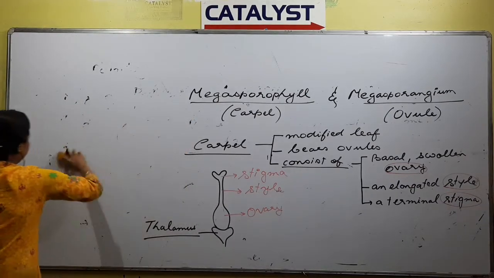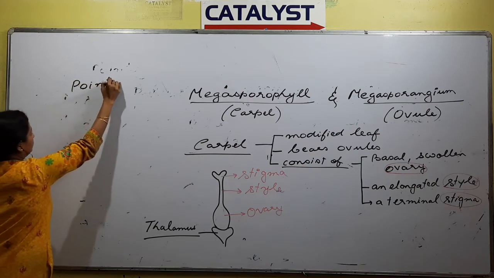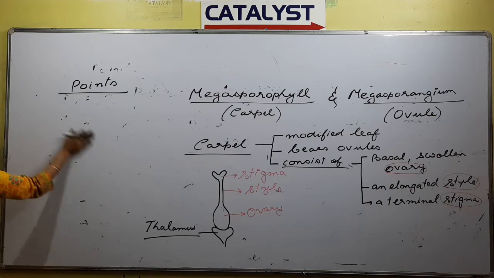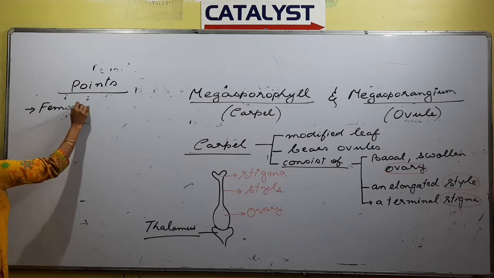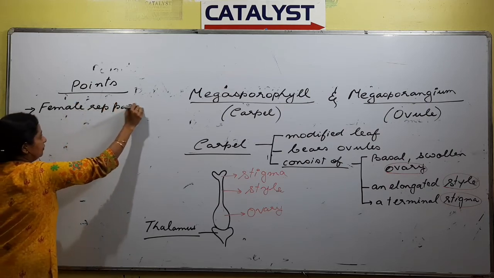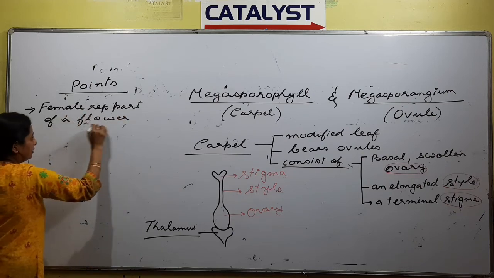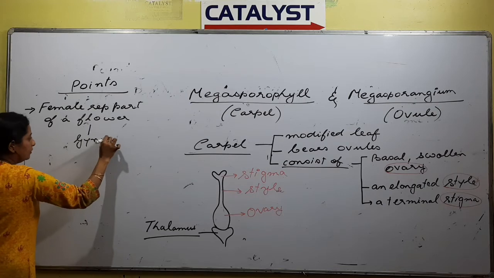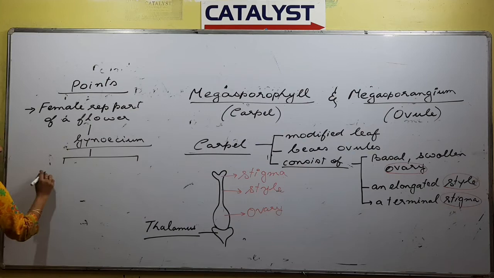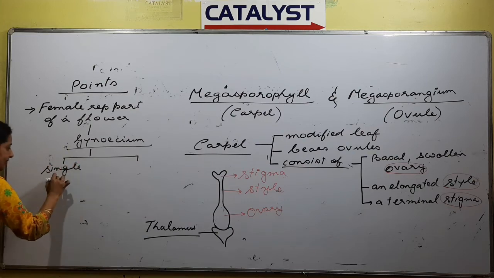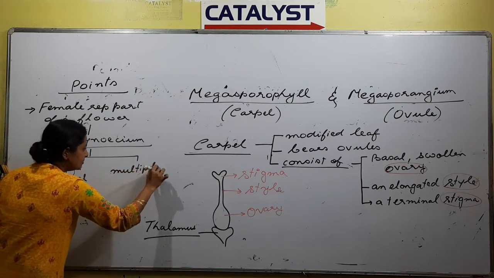Next, certain points. The female reproductive part of a flower is called the gynoecium. This gynoecium can have a single carpel or it can have multiple carpels.